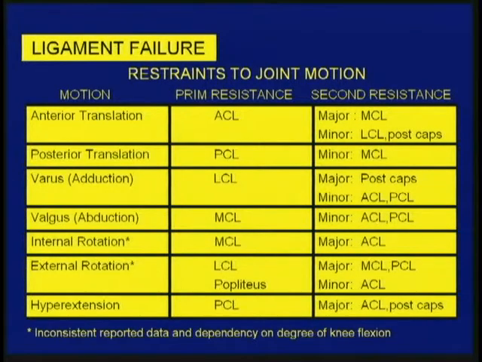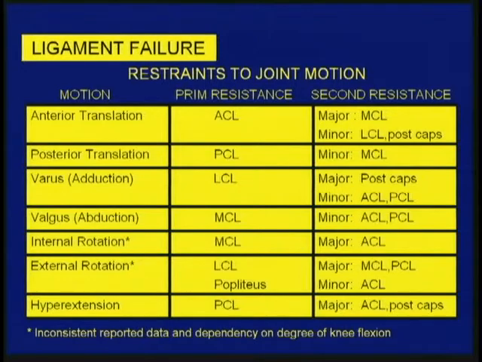In that left-hand column, I am listing 7 possible motions that might be applied to the knee. In the central column, I am listing the structure or structures that are the primary restraint or resistance to that particular movement. In the last column on your right, I am showing you some of the secondary restraints to that particular motion.